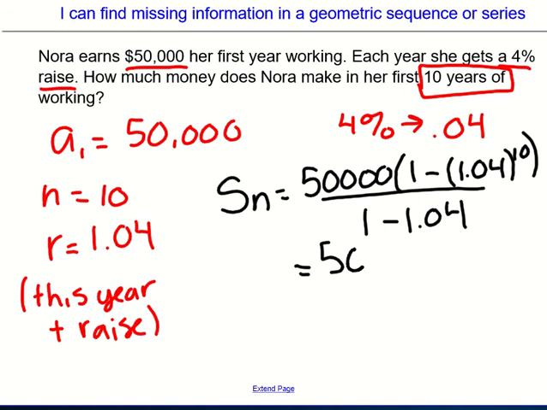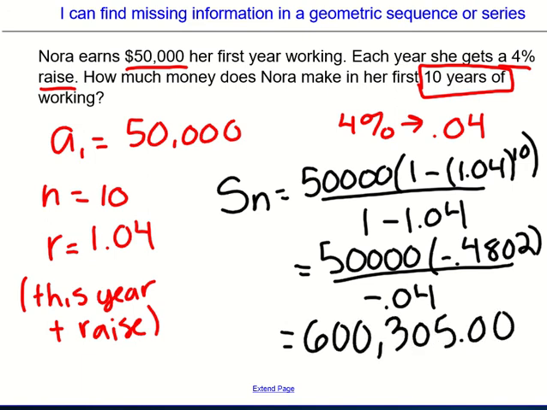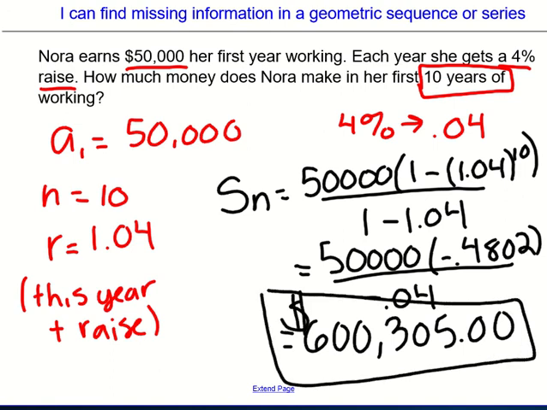This is going to give me 50,000 times negative 0.4802, all over negative 0.04. And finally, I have $600,305.00 is how much money Nora will have made in her first 10 years.